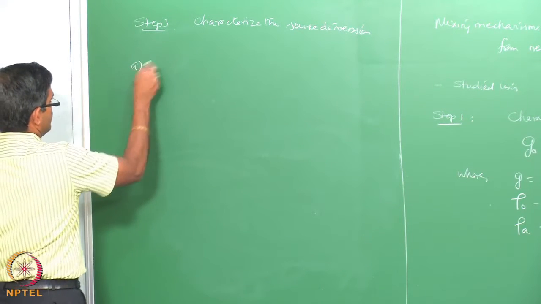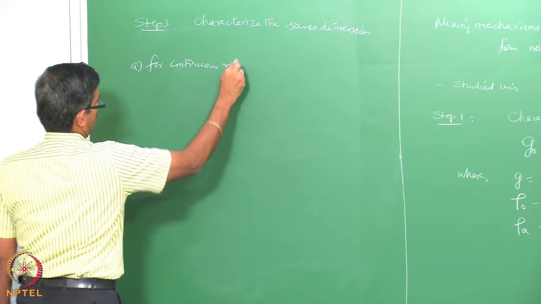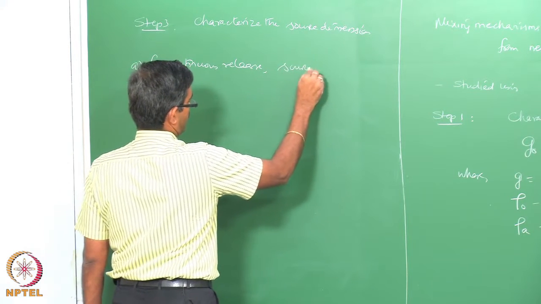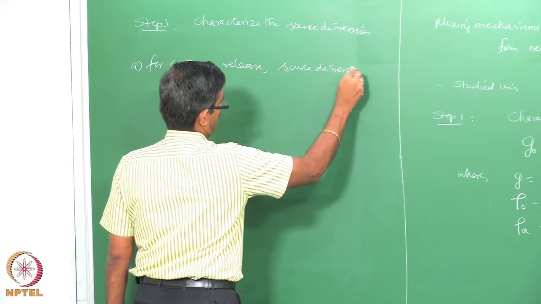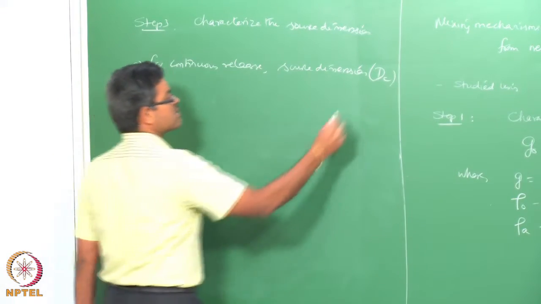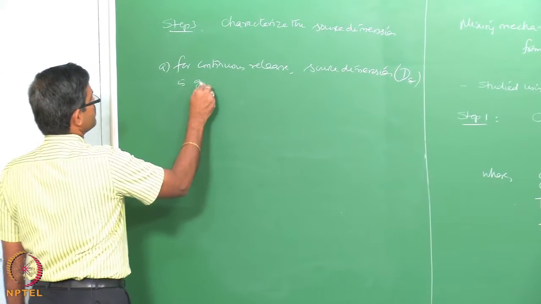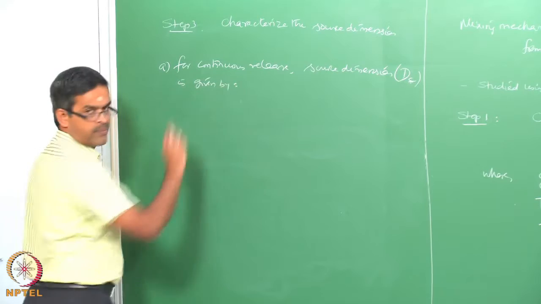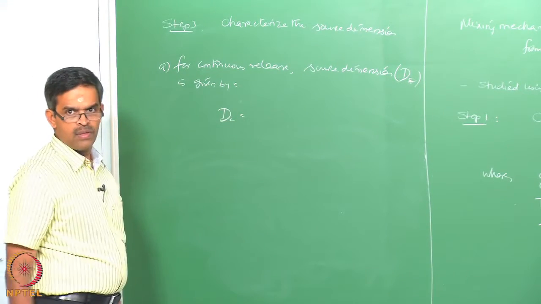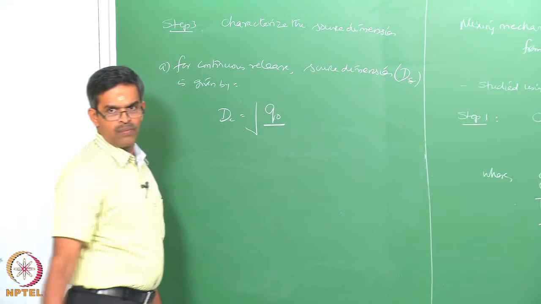So, for continuous release, the source dimension, that is dc, the c stands for continuous, is given by dc is equal to root of q0 by u.